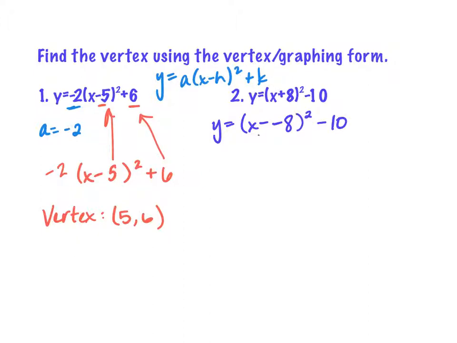So this part would reduce to the x plus 8. So my h for my vertex is -8.